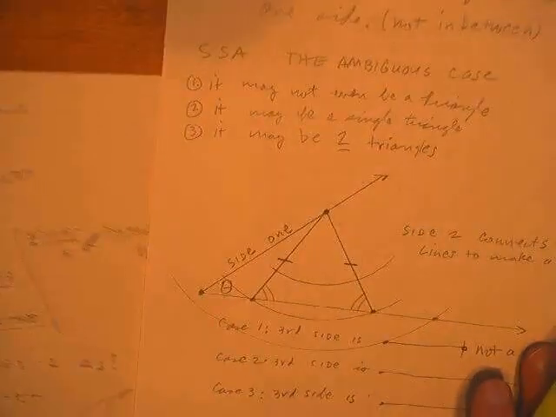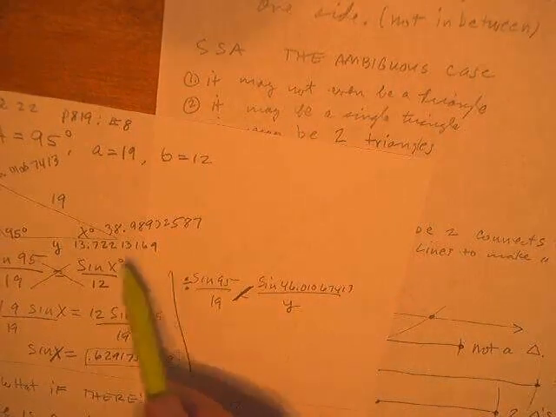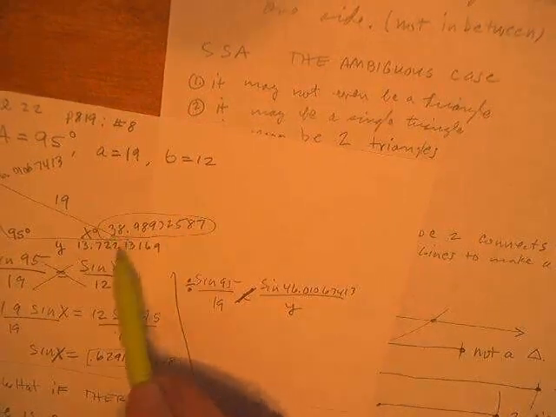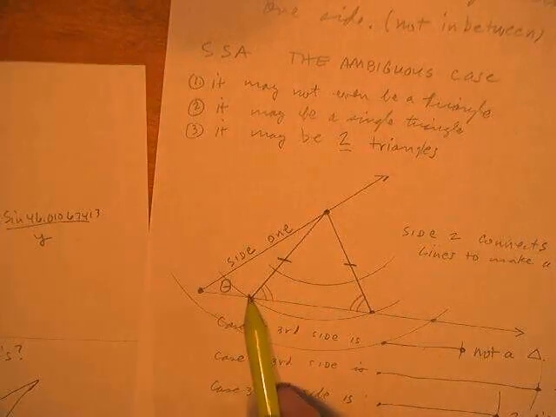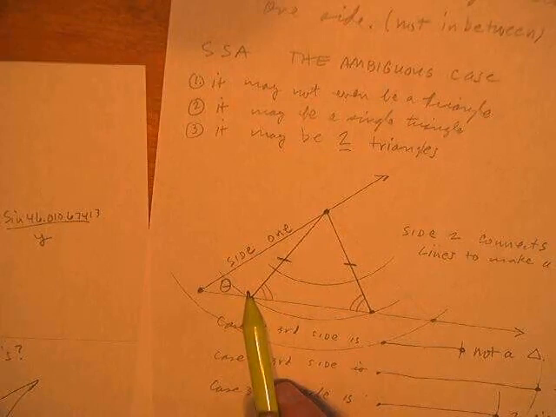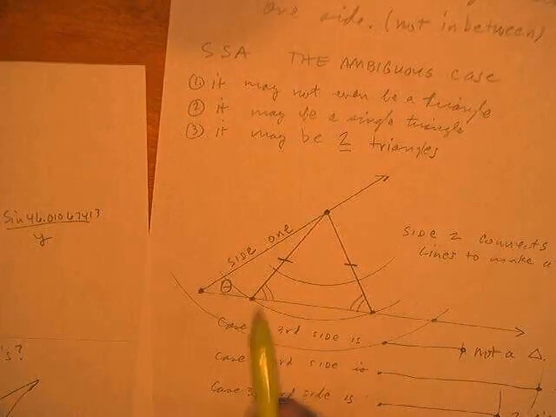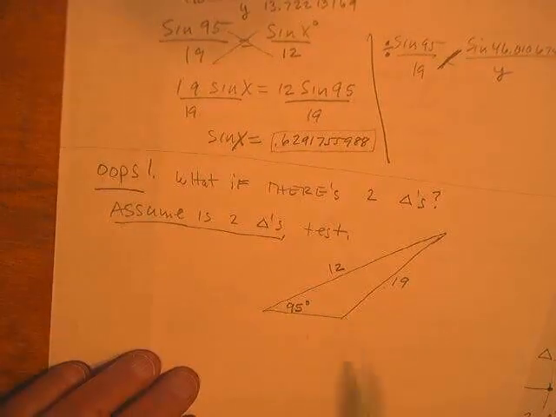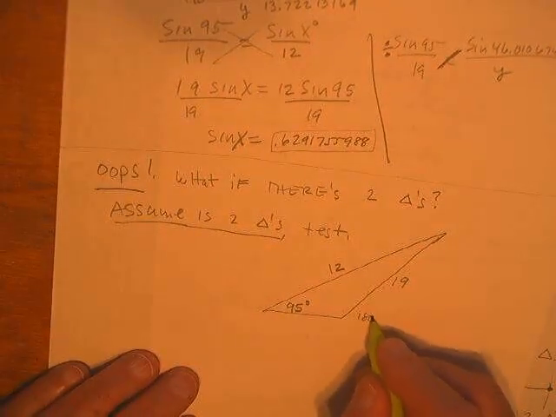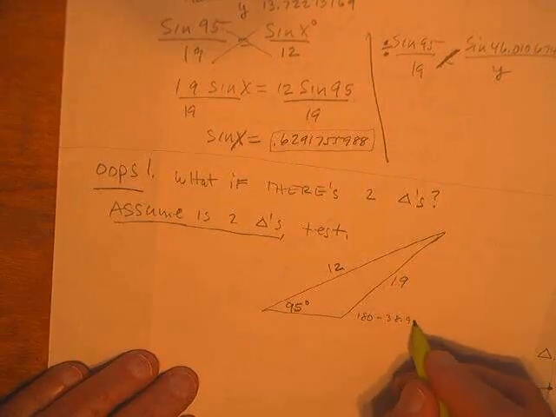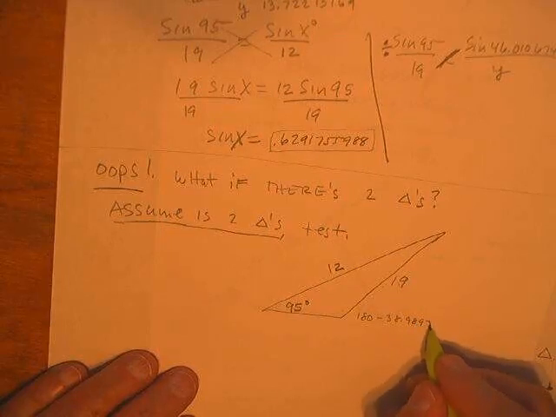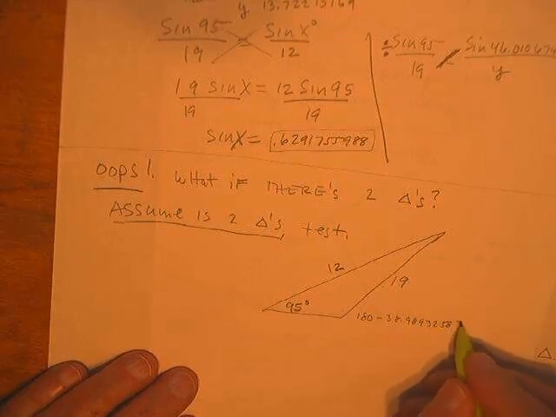So that means if this angle right here, that this 38 angle right there, that one is too, and this angle is supplement. Because look, a straight line has 180 degrees. Okay, so I can figure out this angle right here by taking 180 minus 38.9893258.